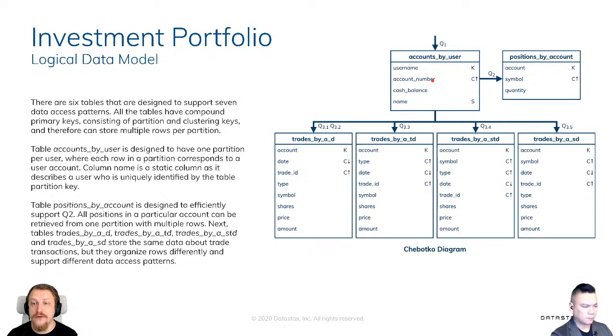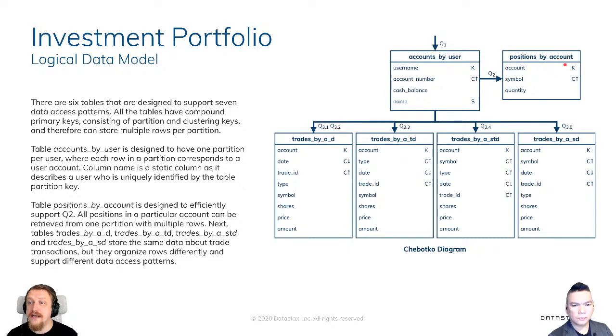Then we have account number, which will be a clustering column, of course, to ensure uniqueness. Then we have cash balance, which we have to store, so the amount of plain old money the user has on this account, and name, so how we name this account.